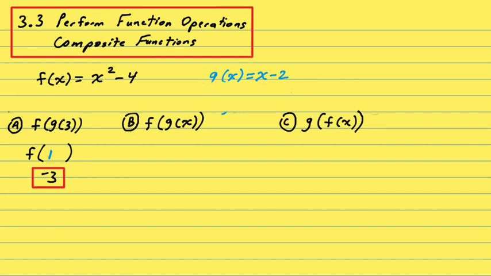What I recommend you do with these is look at the outermost letter, f. What is it? It's x squared minus 4. That's what the f is. Then you're going to replace the variable with the other expression. So I'm going to put in x minus 2.